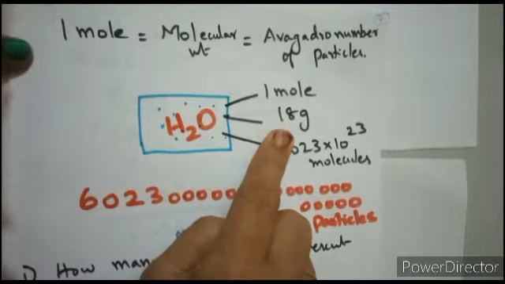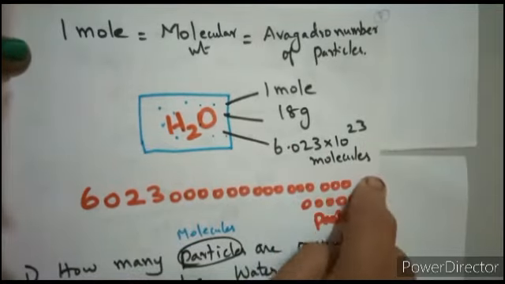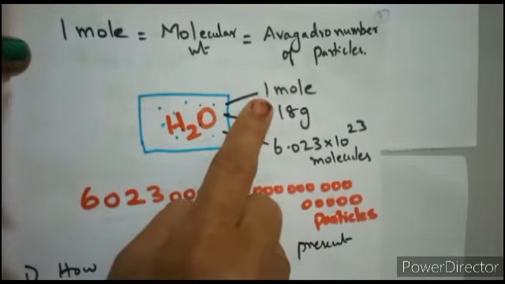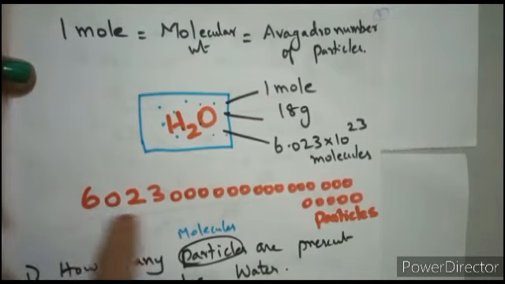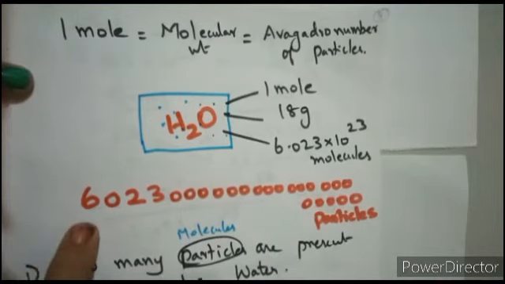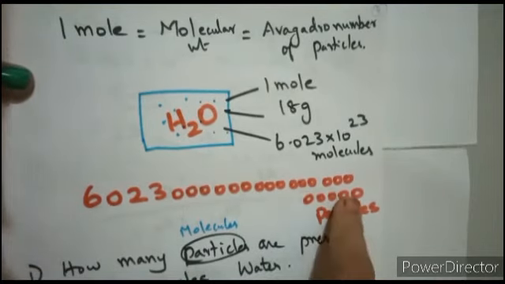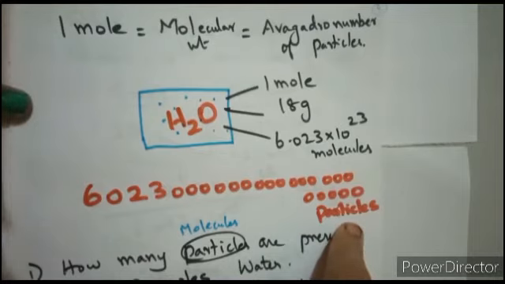It is so very tiny, it is not visible to the naked eye, it is indivisible, and there are so many particles in 1 mole of that particular substance. For your reference, 6.023 has been mentioned like this. See the number of zeros that follows 6. So many particles in just 1 mole of the invisible substance.